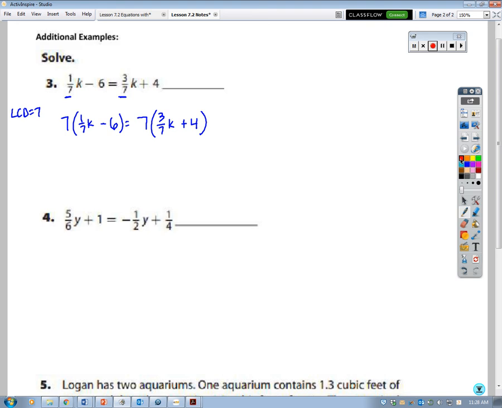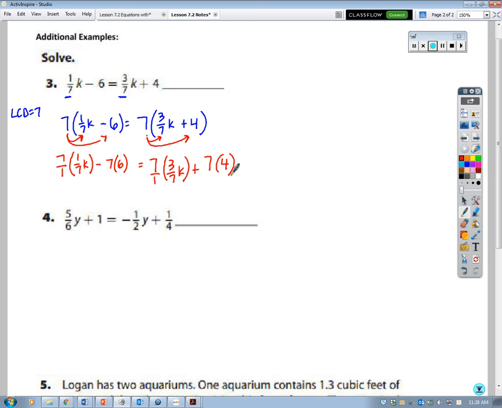So I'm going to multiply that 7 by both terms inside the parentheses. So 7 over 1 times 1/7 k minus 7 times 6 equals 7 over 1, remember, because a whole number turns into that number over 1, times 3 over 7k plus 7 times 4.